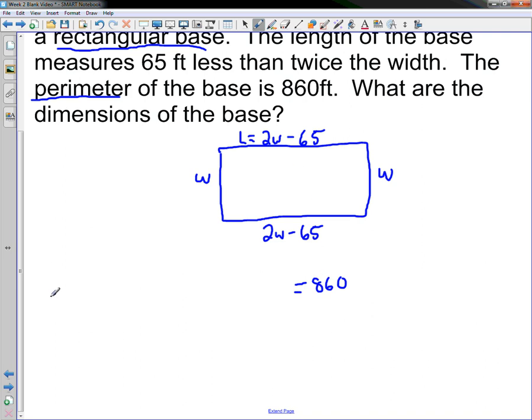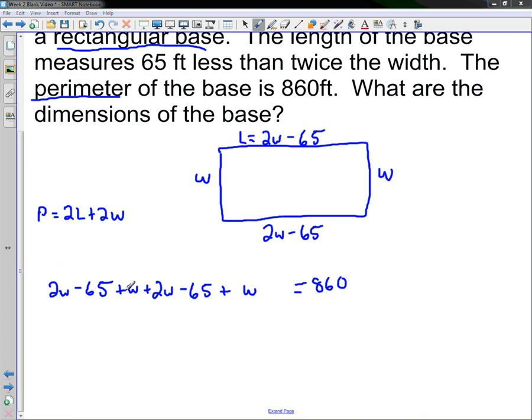I have one length, which is 2W minus 65, plus a width, plus another length, doesn't matter the order, plus the final width. The shortcut is 2 times L plus 2 times W.